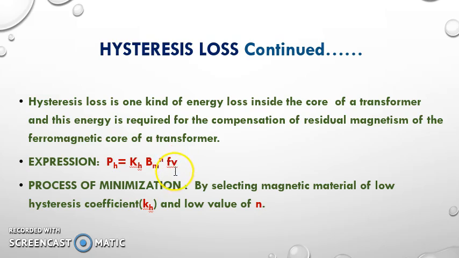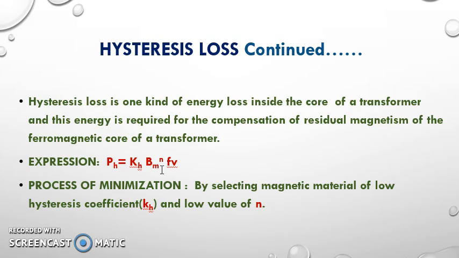So if we have taken a decision at the designing part about the volume, we cannot change that volume, and the frequency of the supply is constant, as in a power system we are actually using a constant voltage supply of constant frequency, and this Bm value, maximum flux density, is also dependent on the magnitude of the voltage.